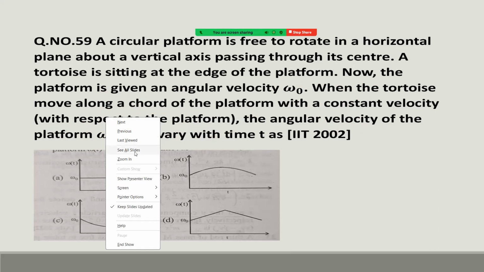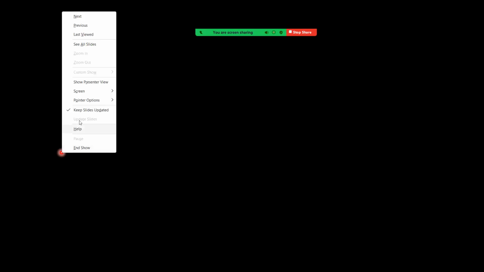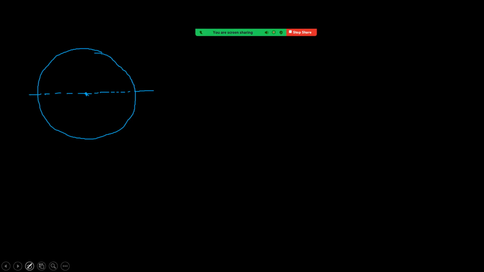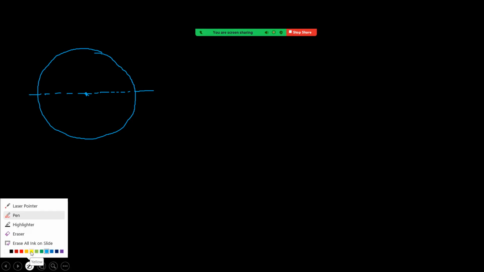Let us see how to start the problem. So first make a diagram for the given data. It is given that a tortoise is moving along a chord.